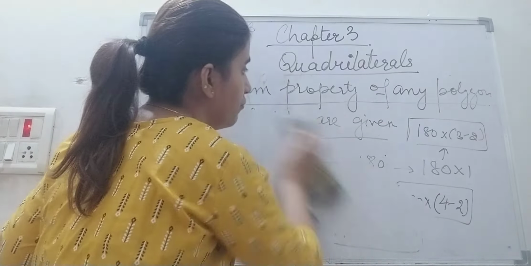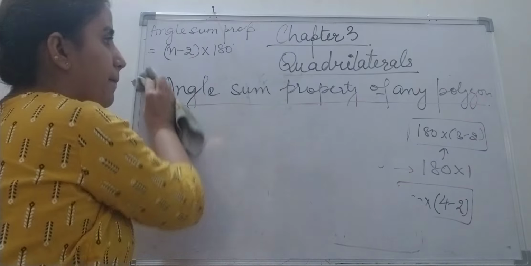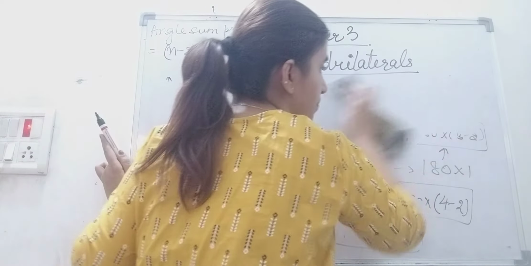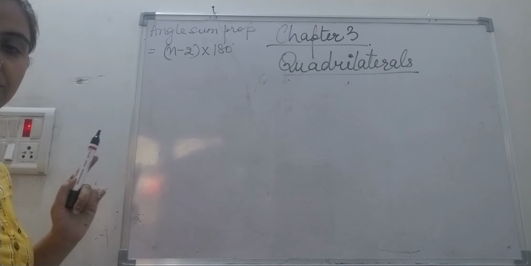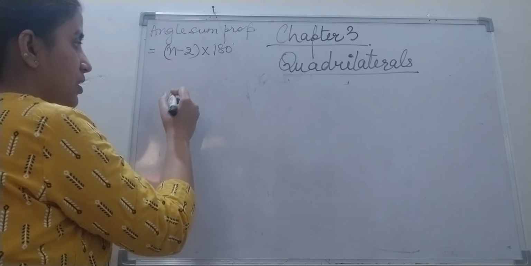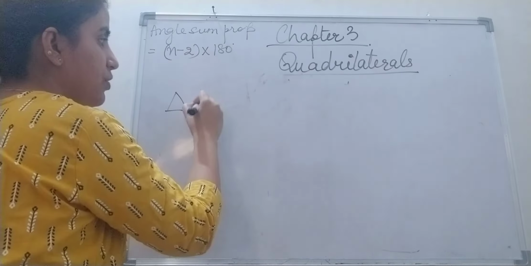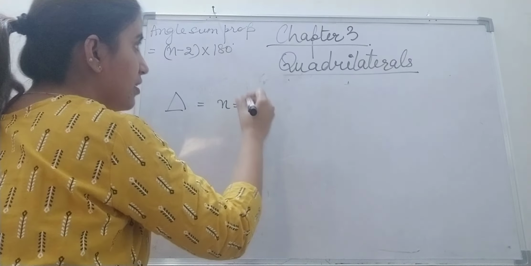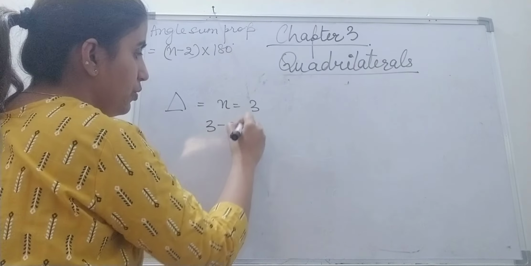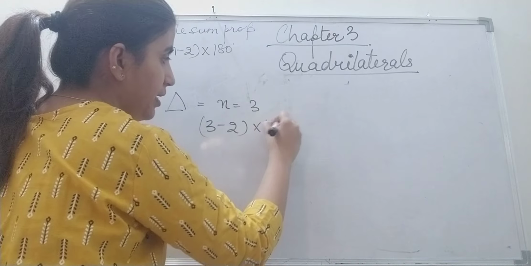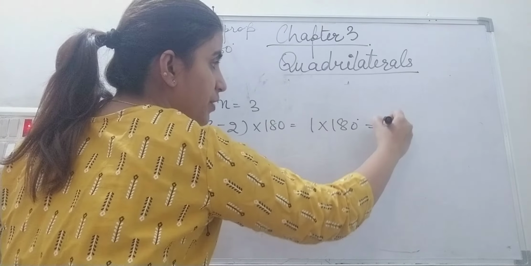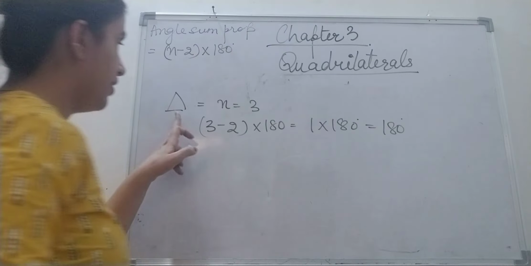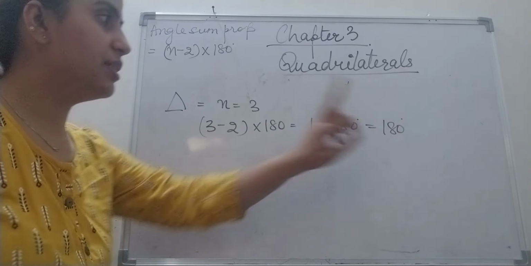So let us try for a few. This is a general formula. Let us try to find out for a triangle. We know the number of sides is 3. So 3 minus 2 into 180. That will give me 1 into 180, that is 180 degrees. So angle sum property of a triangle is 180.